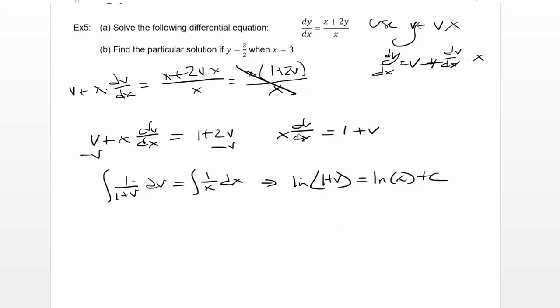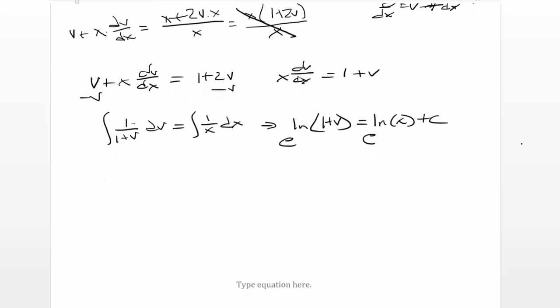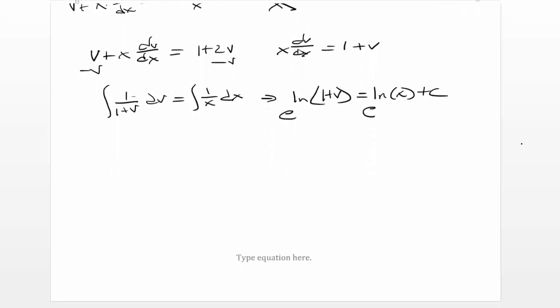And again, a standard trick, let's undo this natural log by making all of this an exponent of e. So we get some inverse operation happening here. This is 1 plus v on the left side.